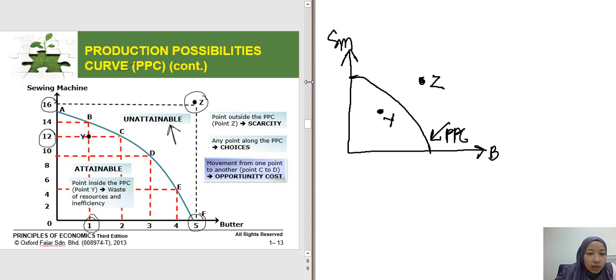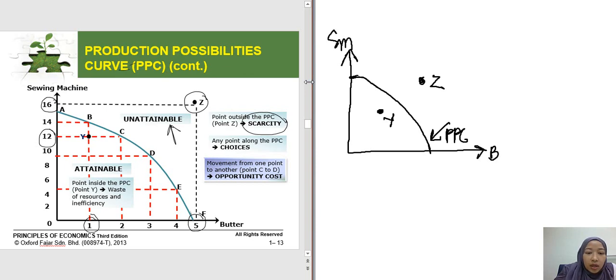Why? Because you don't have enough resources to produce 16 sewing machines and 5000 kgs of butter. You can only produce up to this curve. You cannot produce further than that. You cannot produce more than 15 units of sewing machine and 5000 kgs of butter. That is what we call scarcity. Point Z here shows scarcity.